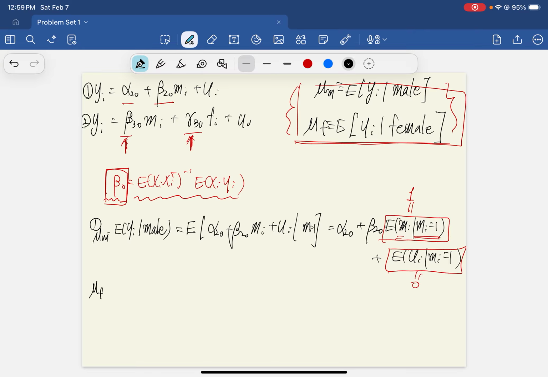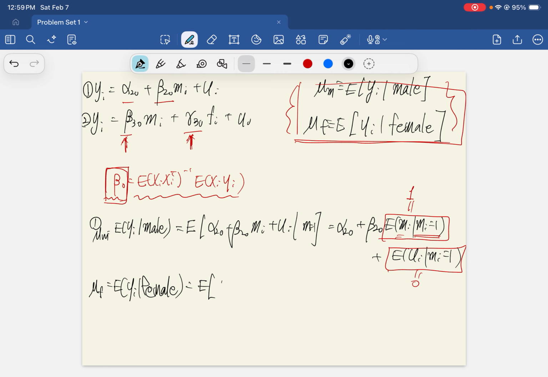Conditional expectation for woman. Then this is the same thing.